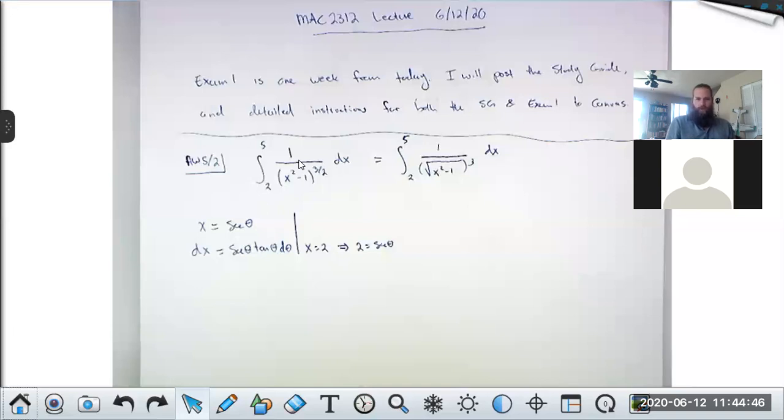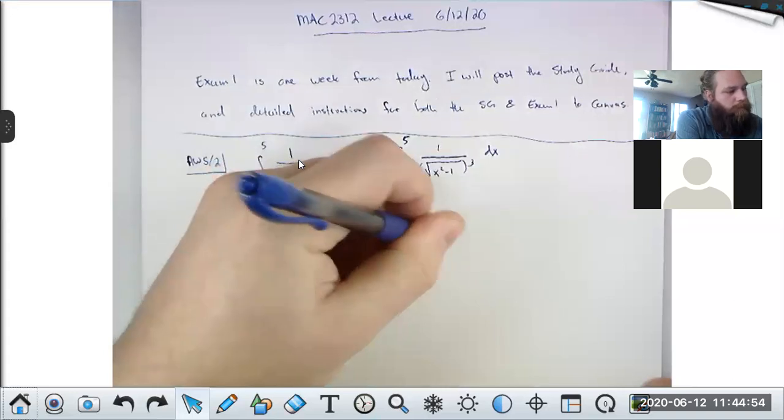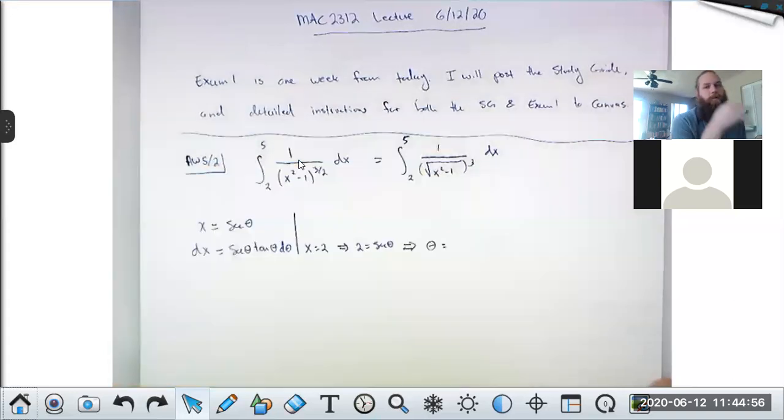What is the inverse cosine of 1/2? For what angle between 0 and pi is cos theta equal to 1/2? Yeah, pi over 3, bueno.